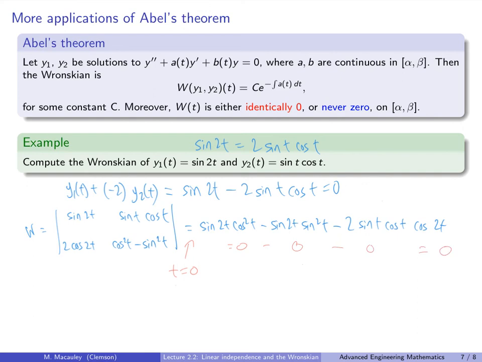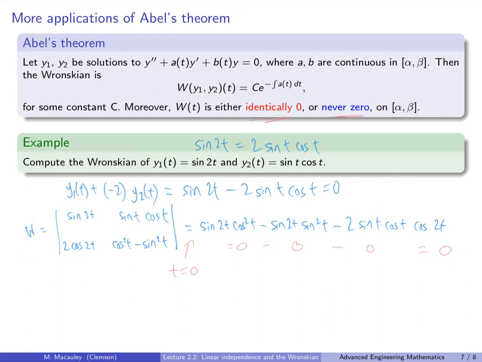Now, what does that tell us? It actually doesn't tell us that these things are linearly dependent. Remember that if the Wronskian is non-zero, then the functions are linearly independent, but the converse fails. From Abel's theorem, we know that the Wronskian is either identically 0 or never 0.